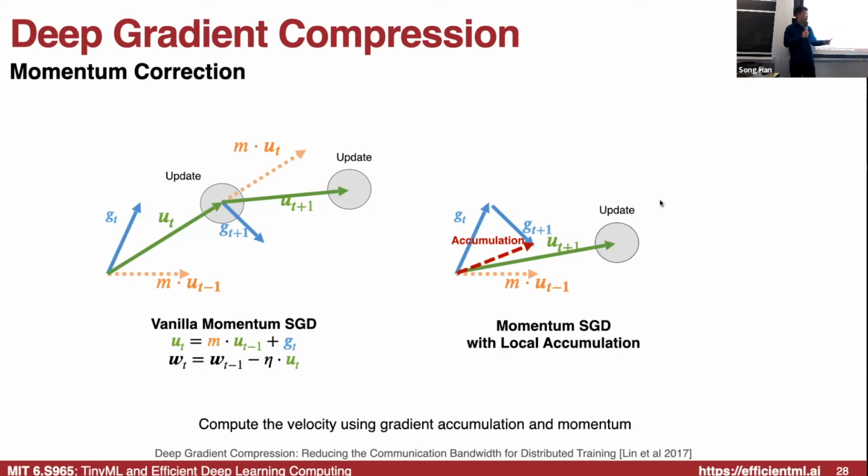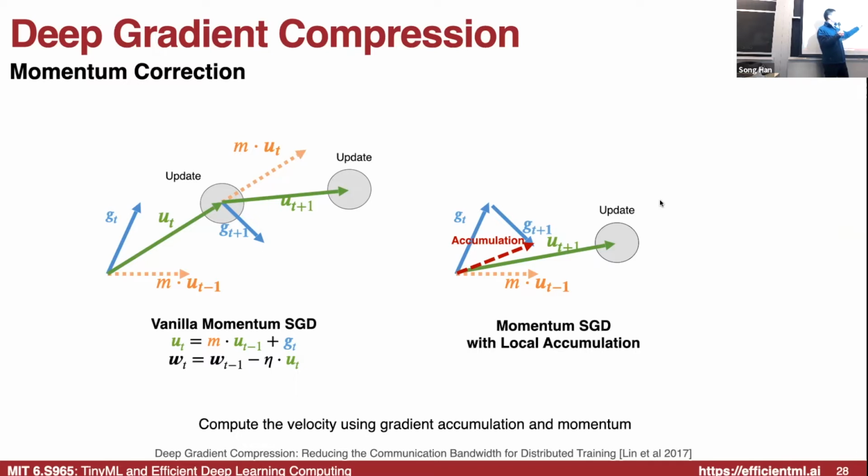So this shows that those gradients that are super small, they are unlucky, they didn't get sent out because their magnitude is so small that they got pruned during this gradient pruning process. So we are going to accumulate them locally. So this is the accumulated result. Say at a certain point, it gets pretty lucky, it becomes a bigger one and gets sent out.